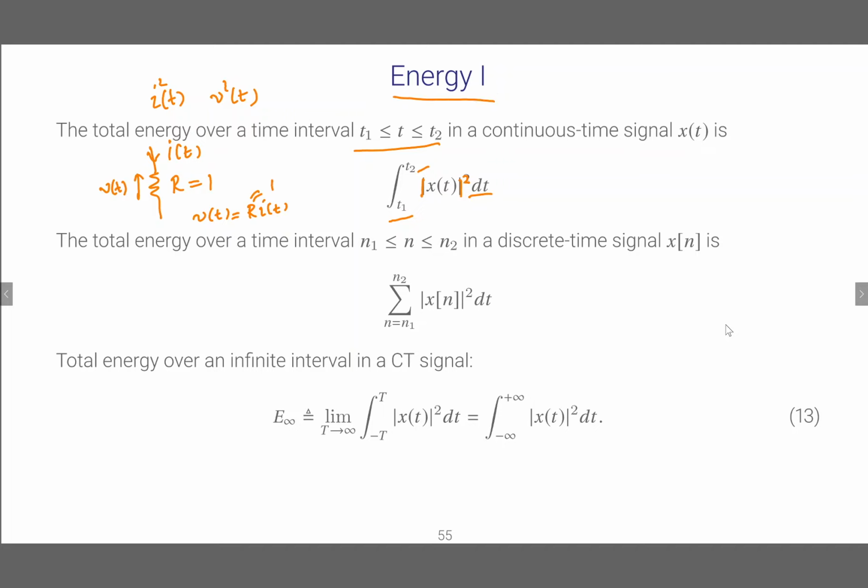an energy. So the total energy over time interval n1 to n2 in a discrete time signal is the summation from n1 to n2 of modulus of x[n] squared. The total energy over an infinite interval in a CT signal, E infinity, is defined as the limit as T tends to infinity of the integral from minus T to T of modulus of x(t) squared dt. We can just write it as minus infinity to infinity of modulus of x(t) squared dt.